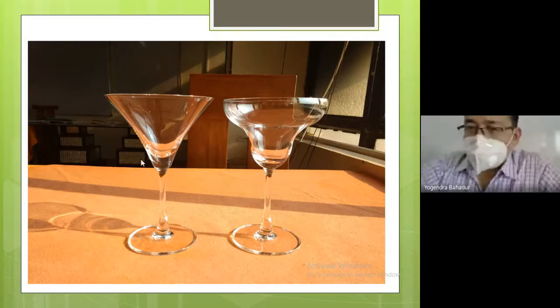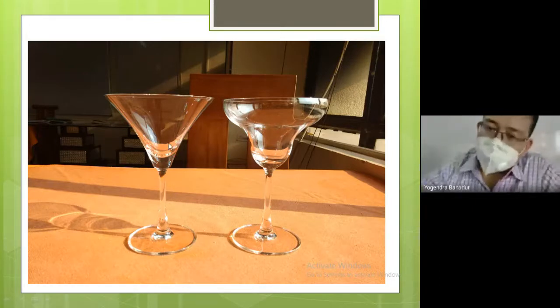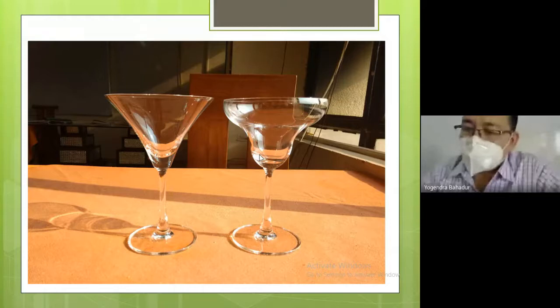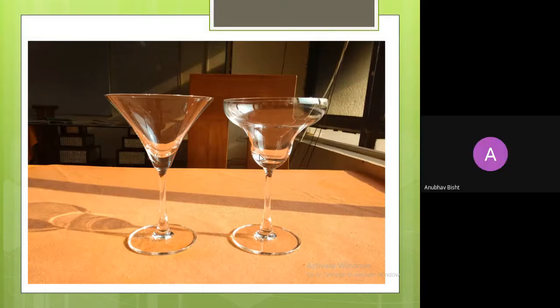So one martini having 6 fluid ounce and Margarita having 8 fluid ounce. Both martini and Margarita are a type of cocktail which are supposed to be served in these glasses only. That's why these glasses have got the name from that particular cocktail. Okay, moving further.